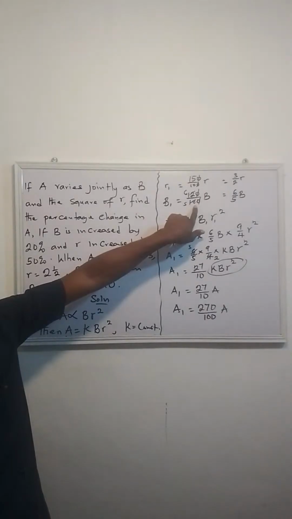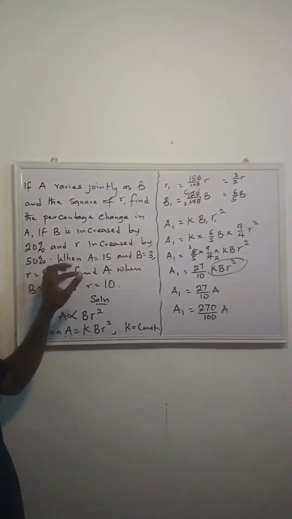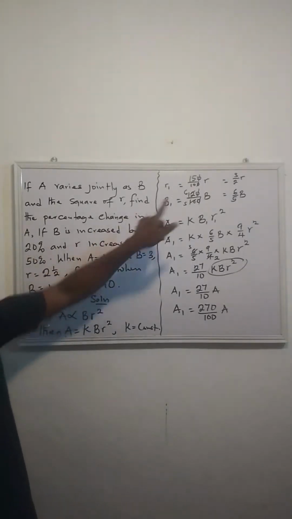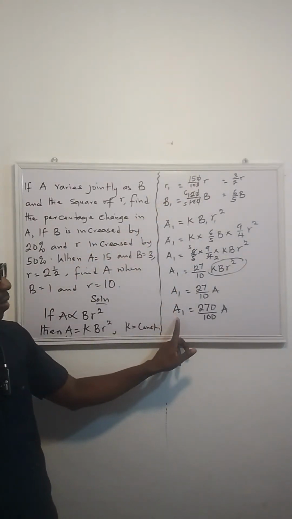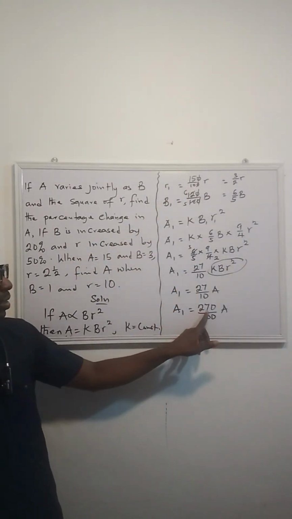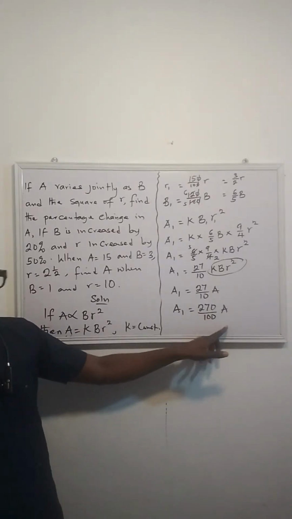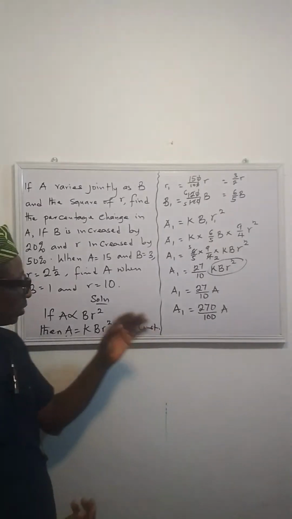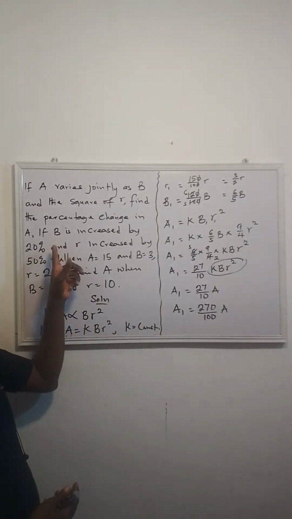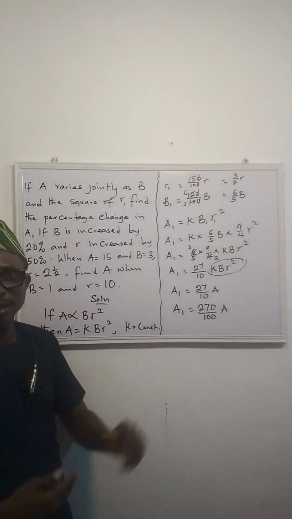We have 120 over 100. When R is increased by 50%, we have it this way. Now look at this. We now have A1 equals to 270 over 100. So what's going to be the increment in A?